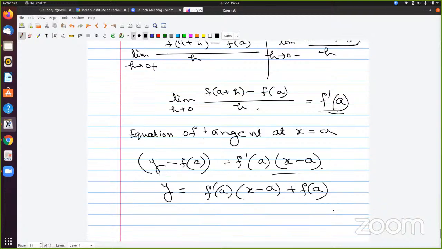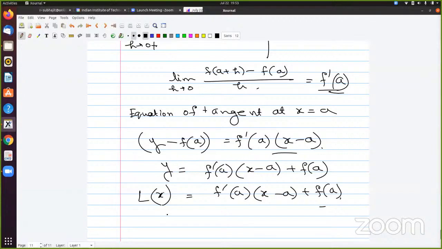And when we talk about the linear approximation of the function at x equal to a, we are doing the same thing. So this is the linear approximation. This is of the form y equal to mx plus c, exactly.